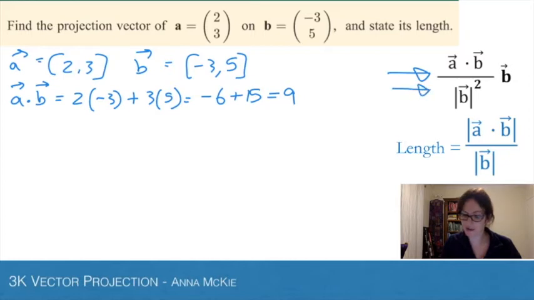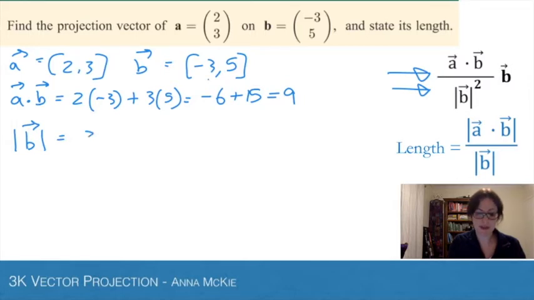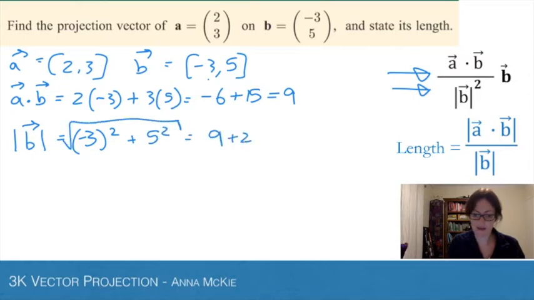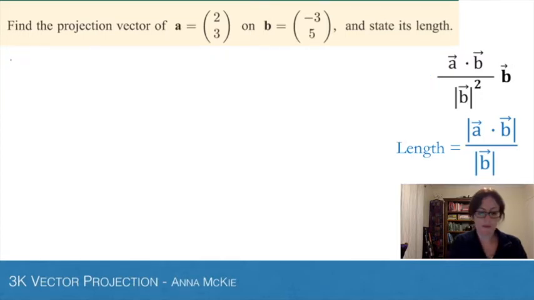What else in this formula do we need? We need the magnitude of B. Let's work that out. So we look at the components of B, we square them, -3 squared, add 5 squared, and the square root of all that gives us 9 plus 25, which is the square root of 34. Putting that together, we're asked to find the projection vector.